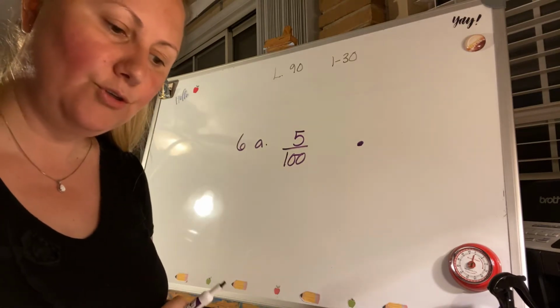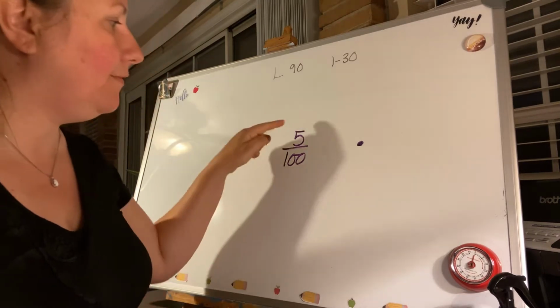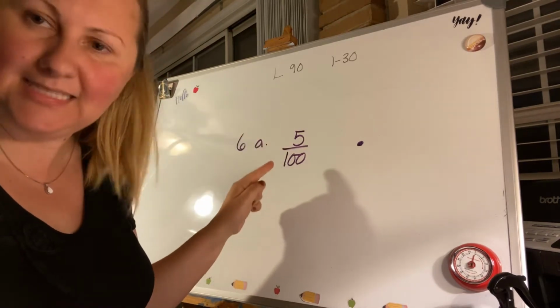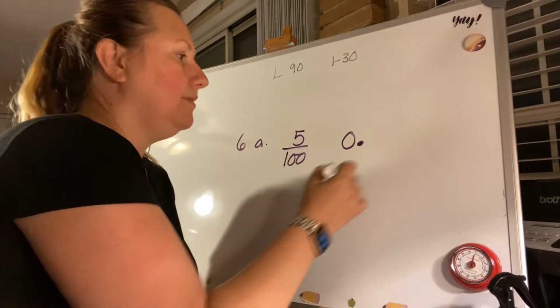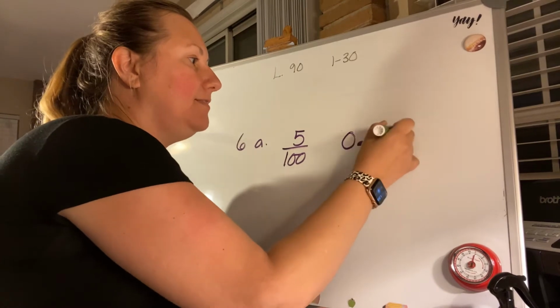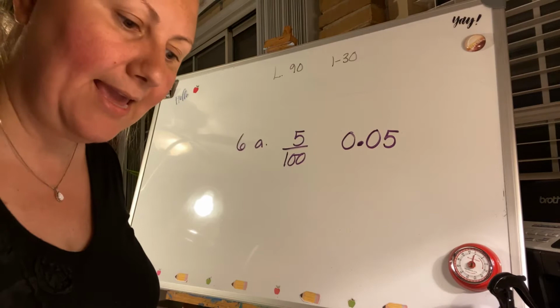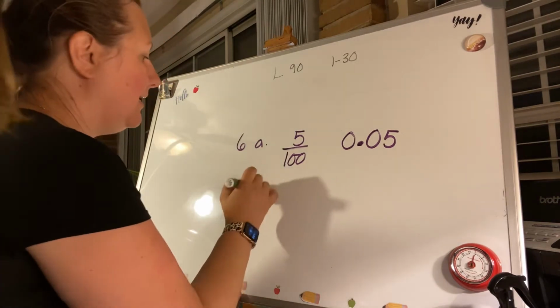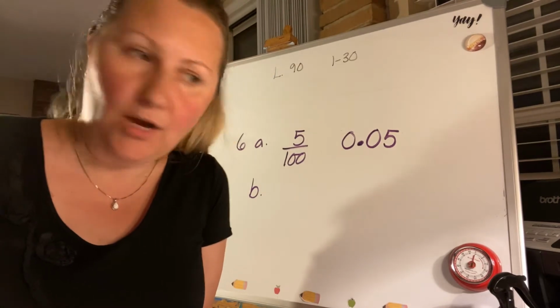Now A says, what decimal number names this? Well, 5/100ths is written like 0 and 0/10 and 5/100ths. Okay, so that's A. Now B says, what decimal number names the part that is not shaded?